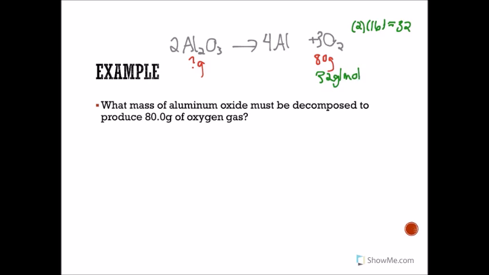And aluminum oxide: our aluminum, we have 2 times, look aluminum up on our periodic table, 26.98, plus oxygen, we have 3 at 16.